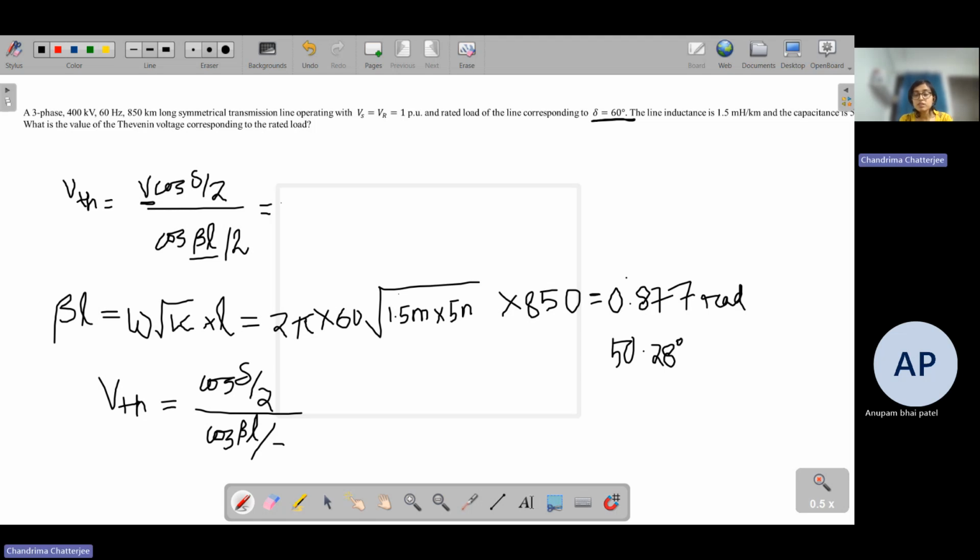Cos delta by 2 is cos 30 degree, that is 0.866, and cos beta L by 2 is 0.9057.